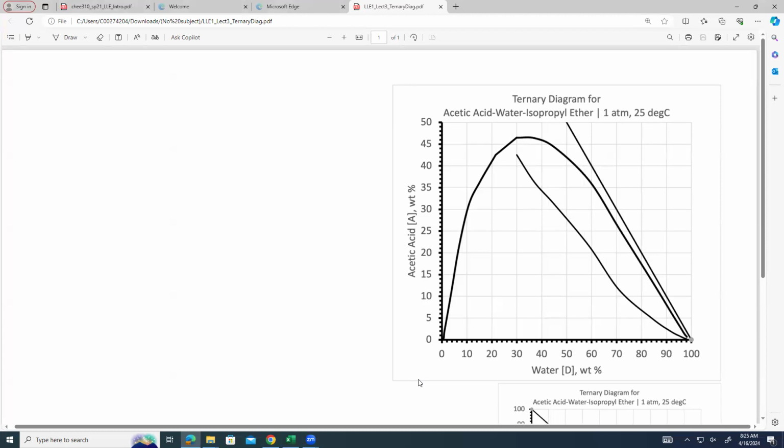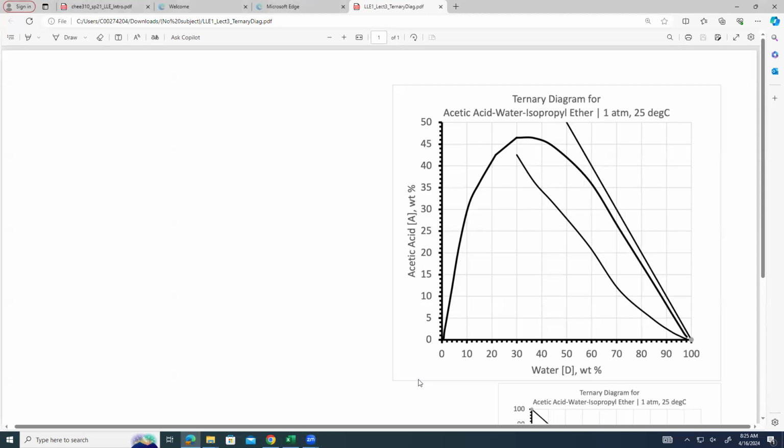And then pure S would be where we have 0 acetic acid, 0 water. So those would be those 3 points.